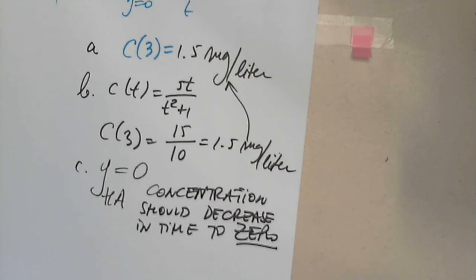And they realized that unless it's a radioactive substance, which may never decay to 0, all the other medications are going away in time. And we really hope so, because otherwise we would be a walking pharmacy. So we do hope that the concentration goes to 0 in time.